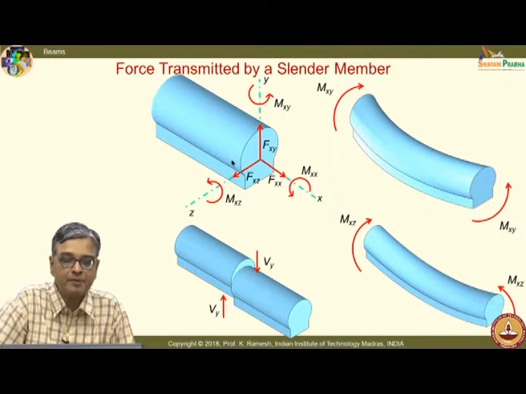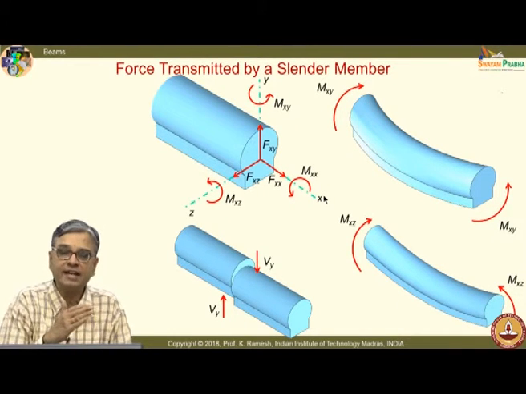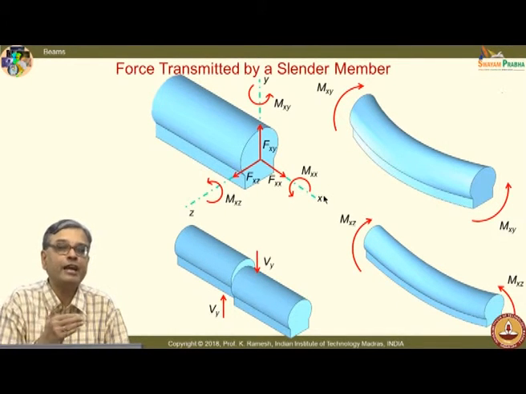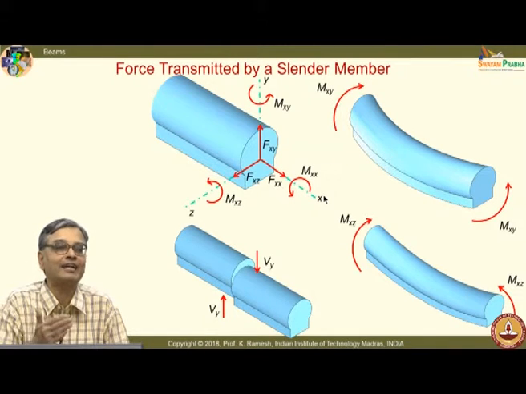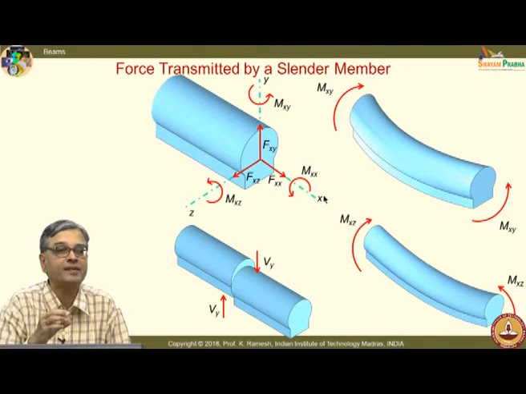So, a slender member in fact can support three forces. It can transmit three forces as well as three moments. If I have to design a slender member, I need to know what are the forces acting on it. And I would like to find out the critical location so that I can design the cross section appropriately.